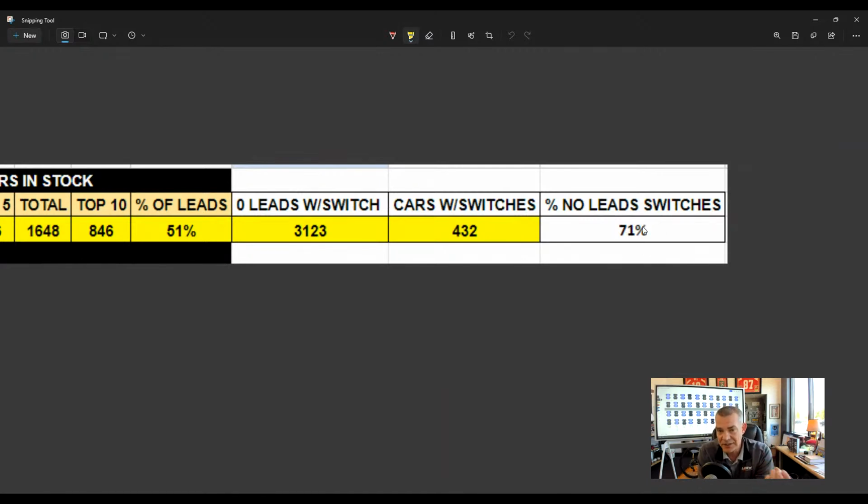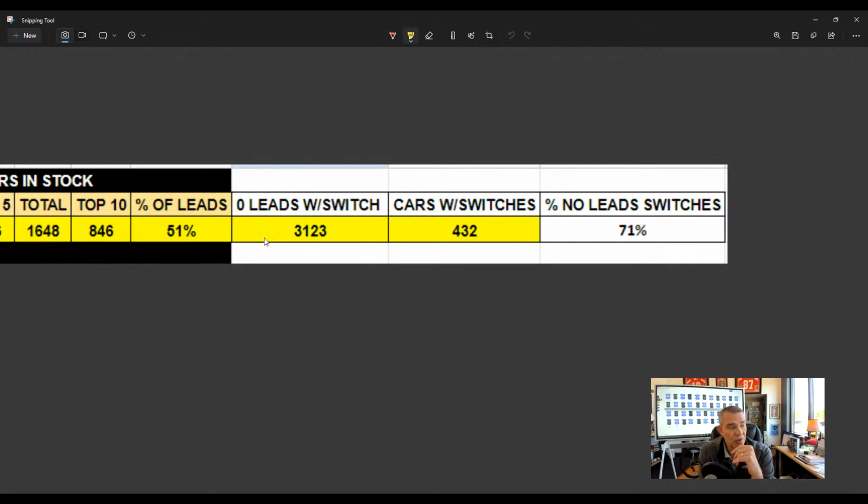Somebody actively in your system that was looking for the same segment of vehicle at the same price range. Segment would be compact SUV. Price range would be, I'd take 2,500 below, 2,500 above. So if somebody's looking for a compact Ford Escape at 20 grand, do I have any other compact SUV at 18.5 to 22.5 I can talk to them about?